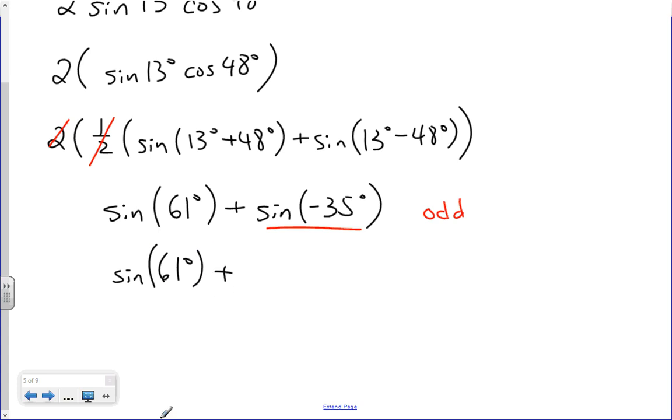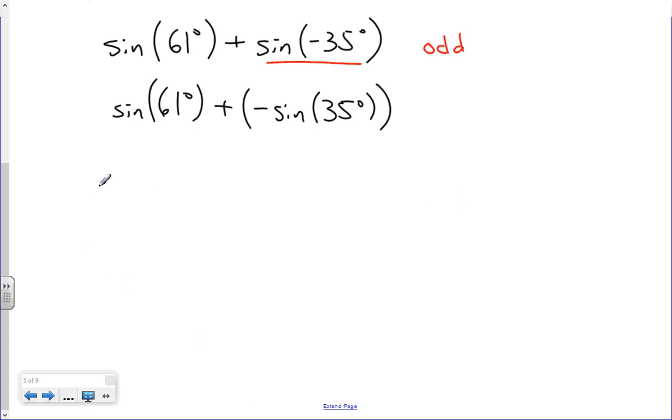I can replace the sine of negative 35 degrees with the opposite of the sine of 35 degrees. This is what it means to be an odd function. And then I can just rewrite this as a difference, and that's what I really have here: the sine of 61 degrees minus the sine of 35 degrees.